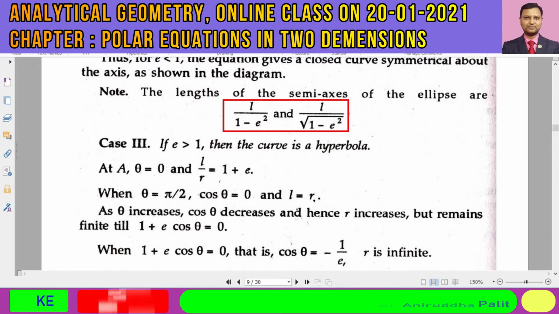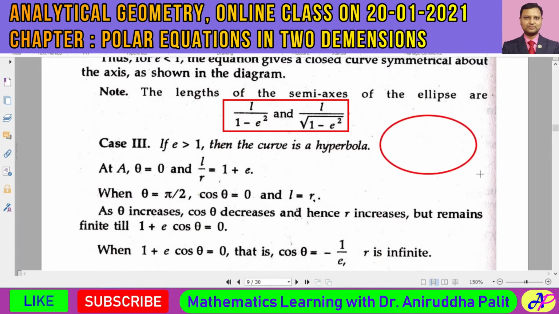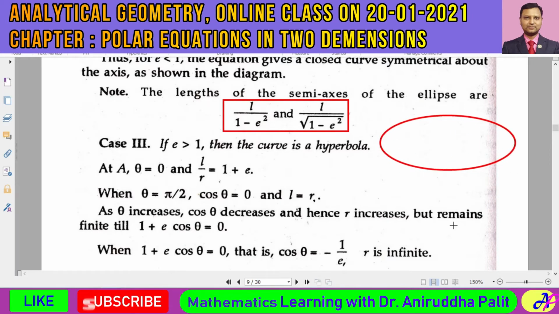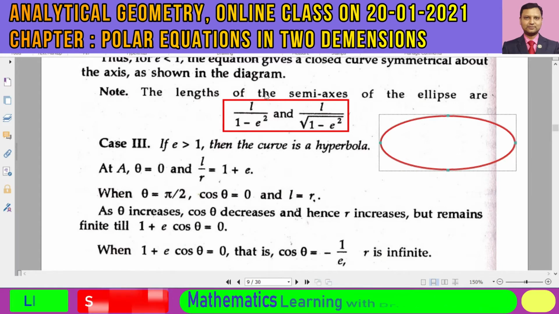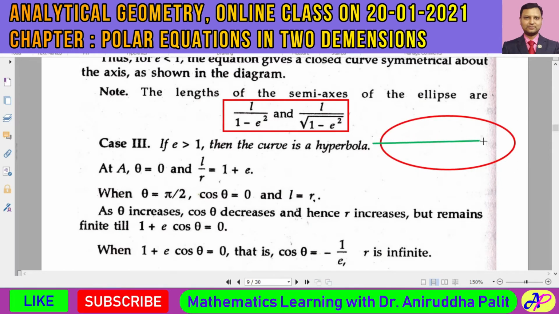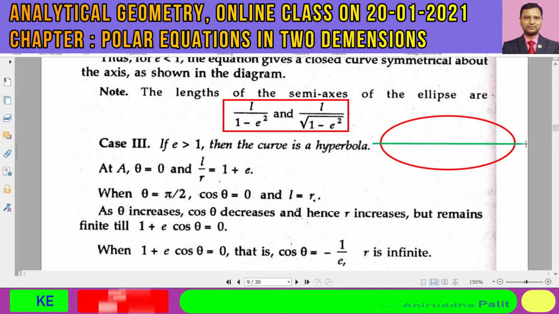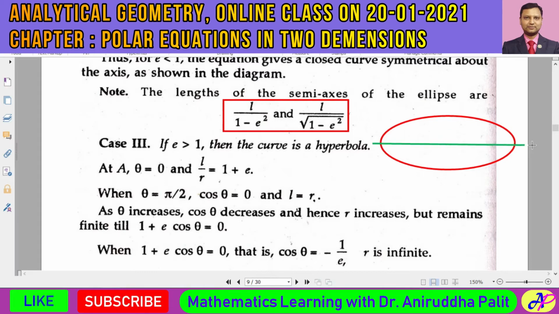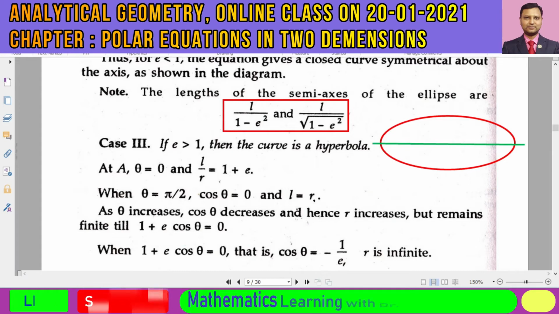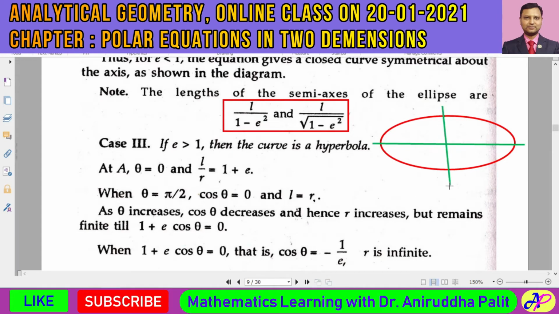Over here, if this is the ellipse, suppose this is the major axis and this is the minor axis.